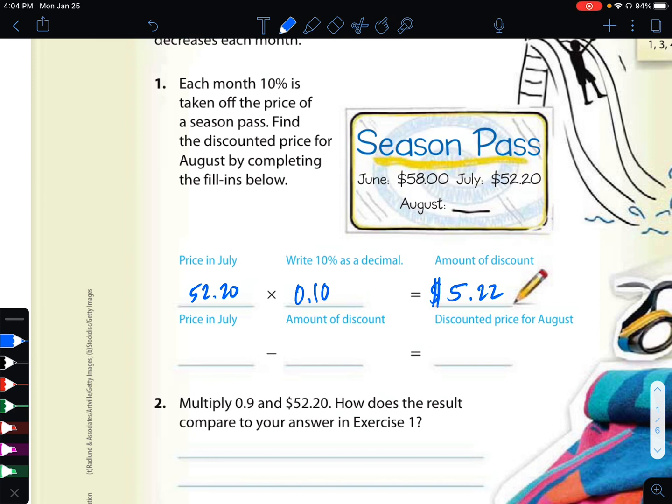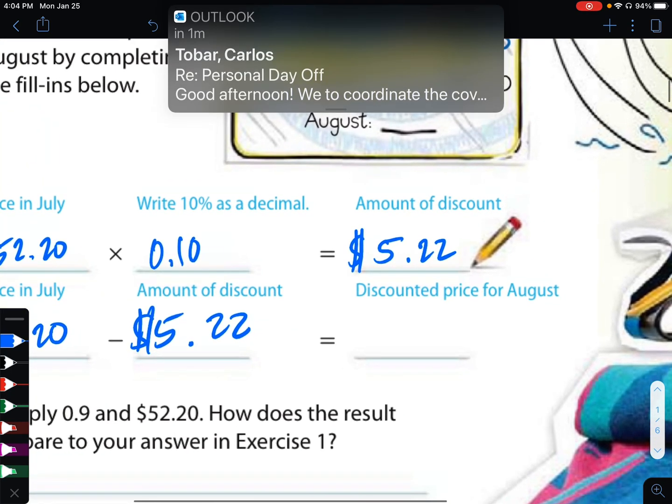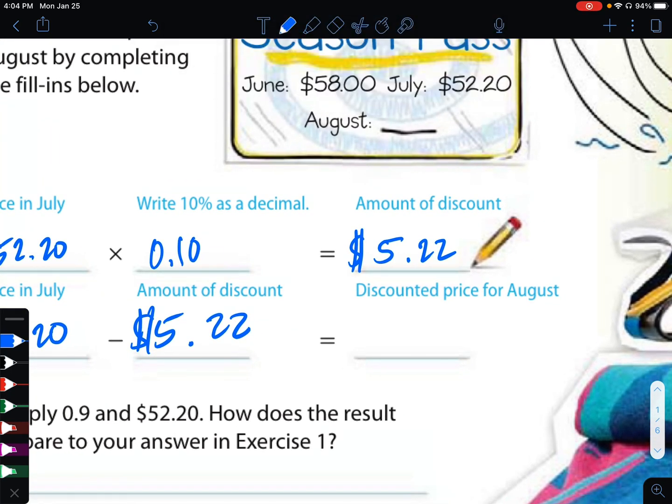Now if we get the price for July and subtract the discount of $5.22, again using pencil and paper or calculator, we end up with a price of $44.98.